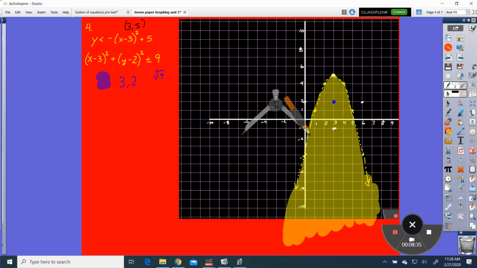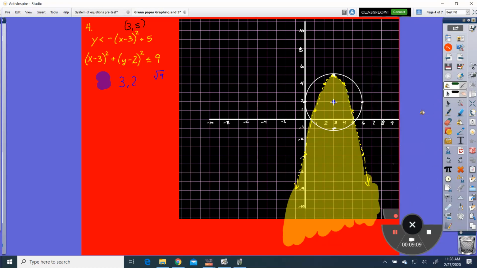So I'll make it look nice. Use my cheating tool. And because it's less than, it's also shaded on the inside.